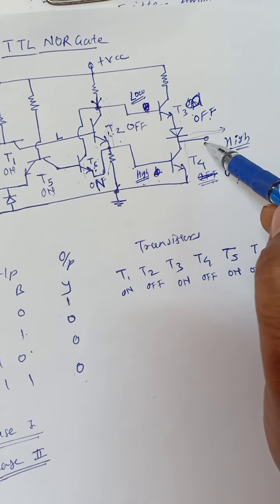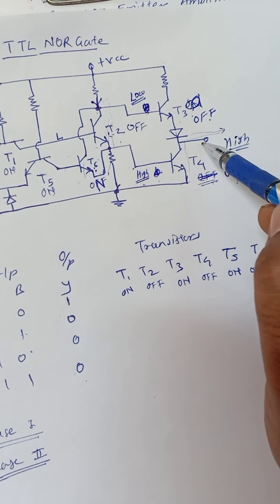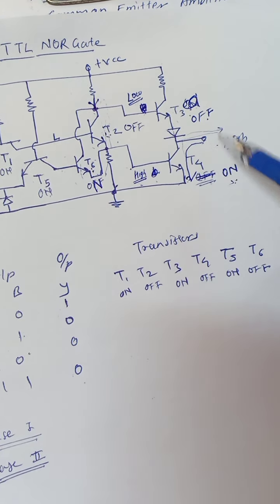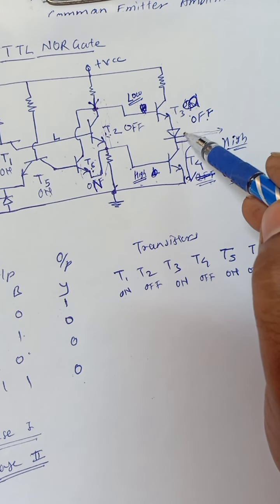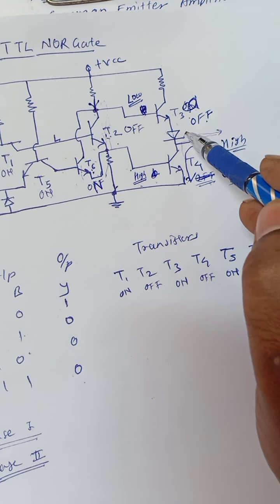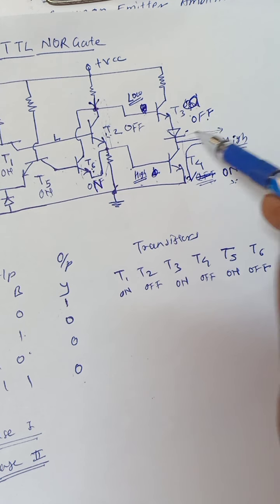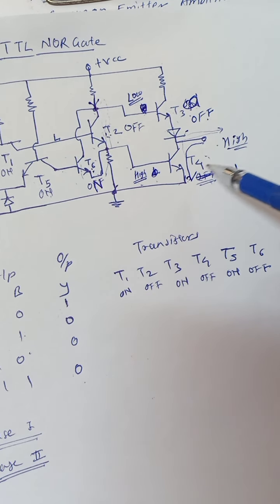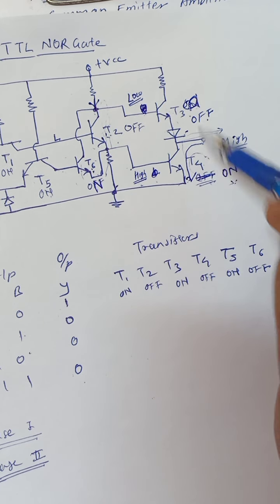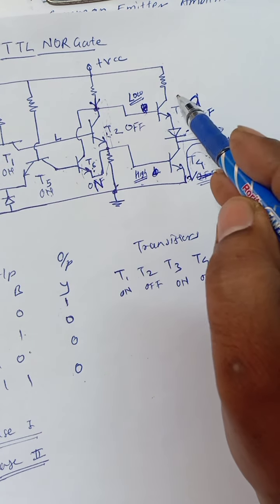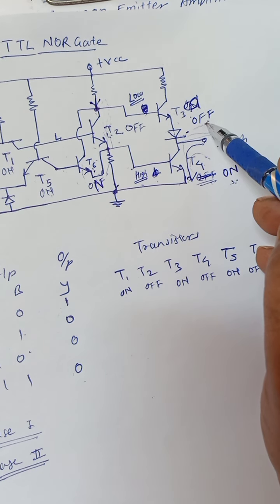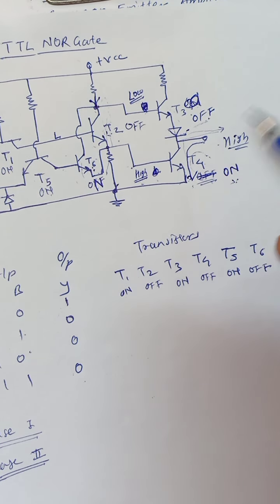So whatever the voltage at this point is grounded by this T4, and this diode prevents T3 from turning on, so T3 remains in off state though the voltage is dropped.